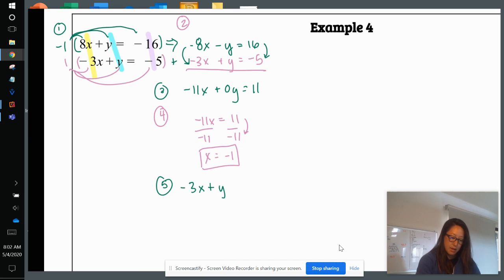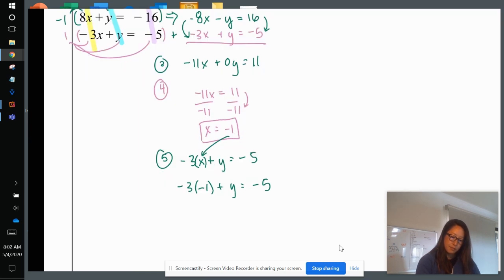-3x plus y is equal to -5. So we substitute it in for x, but make sure you put it in parentheses. So -3 times -1 plus y is equal to -5. -3 times -1 gives me +3 plus y is equal to -5. That is a +3, so we're going to subtract 3 from both sides, giving us -8.